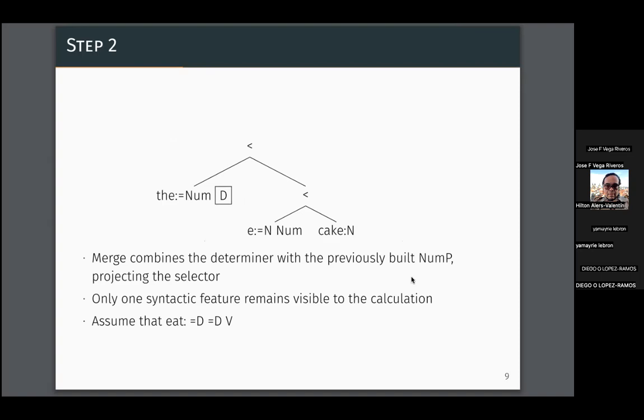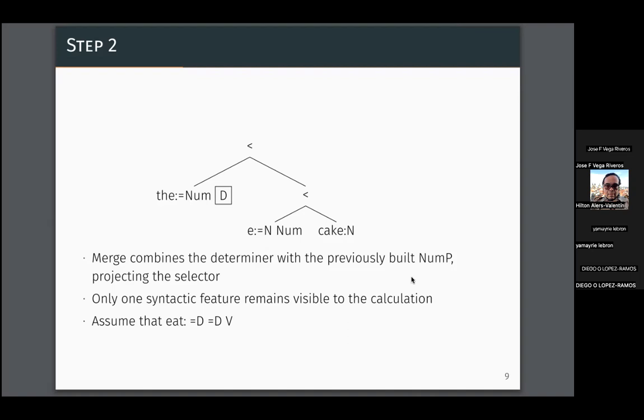We assume there was some that selects some noun, which was our only other visible feature. We want to get rid of these features so we can do the derivation. So we merge the determiner that previously built the NP, and the text is selected. And once again, we have only one syntactic feature visible. So now we're looking for something in our lexical array that is going to select this determiner.